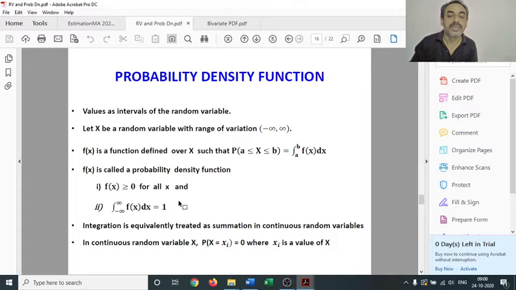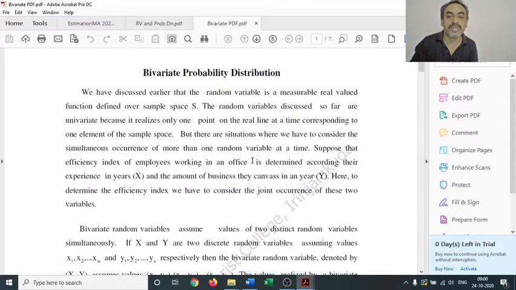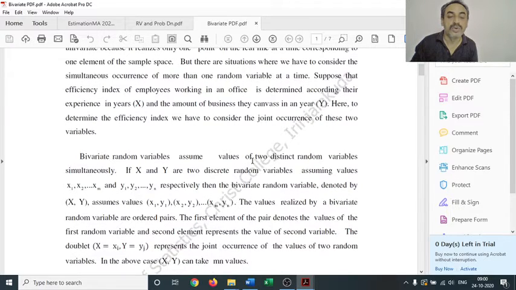Now we can extend this concept of probability distribution to two variables simultaneously. That is done in the bivariate probability distribution. There may be many situations where we have to consider the simultaneous occurrence of two random variables. So if we choose two random variables x and y, which individually have values x1, x2, etc., xm and y1, y2, etc., yn, and we couple them to form a bivariate random variable x comma y, then x comma y has values like x1, y1, x1, y2, up to x1, yn.